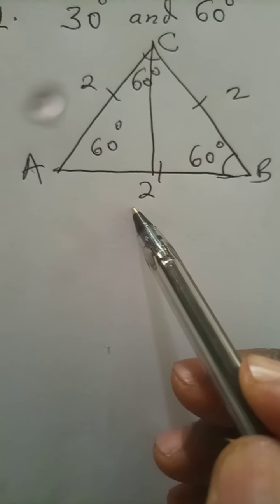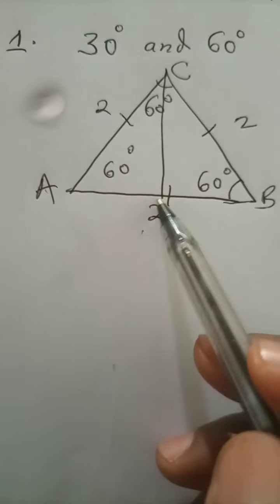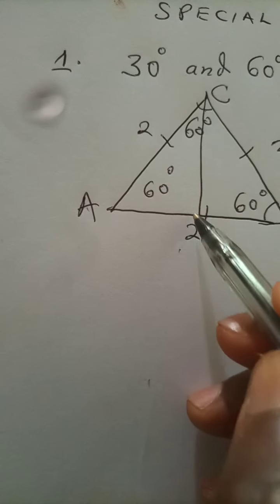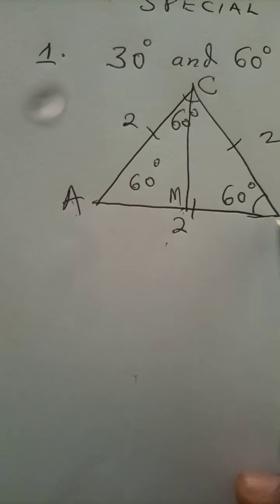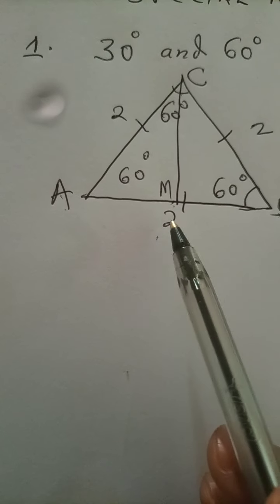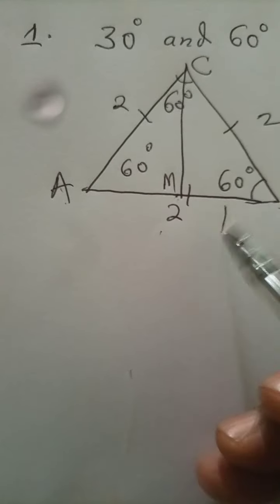From A to B, we have 2 units. Let us call this point here M. So if M divides AB into 2 equal parts, it means AM and MB each equal 1.